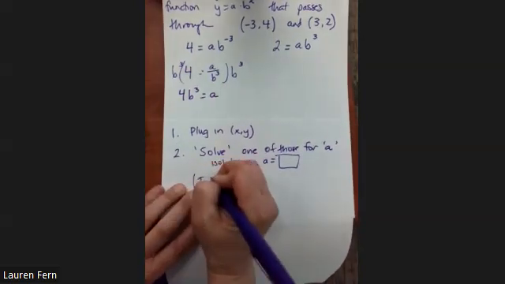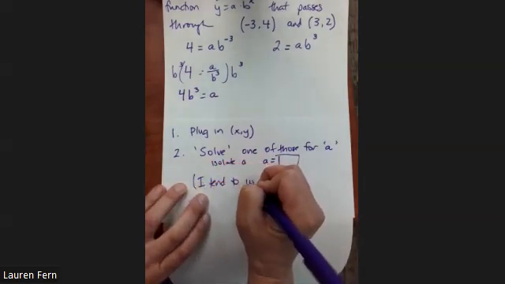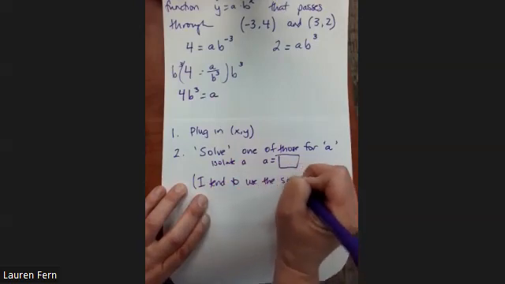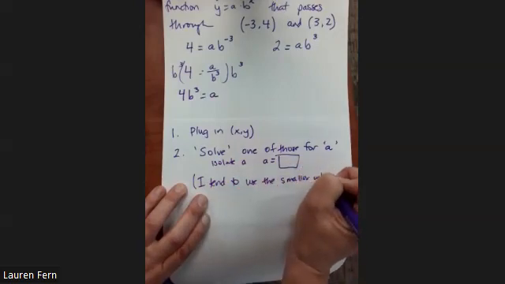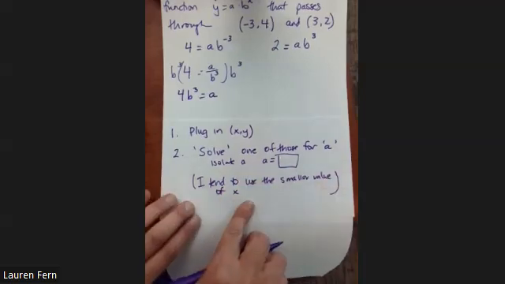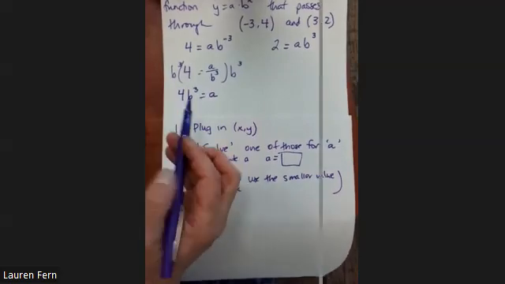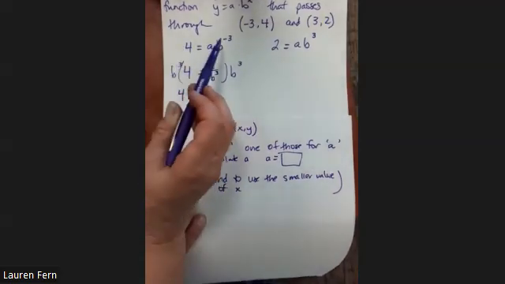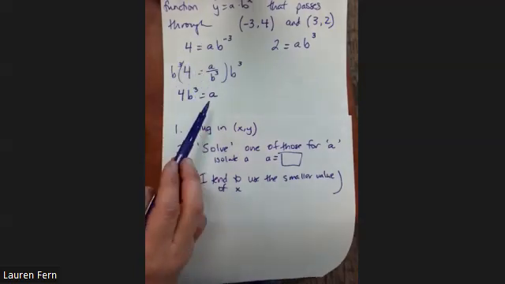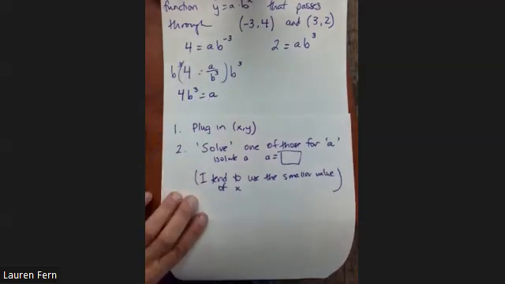And I'll write in here, I tend to use the smaller value of x. That's the one that I tend to isolate my a with. So do you agree that if this ordered pair actually lives on this exponential function, it's got to satisfy a equals 4b cubed?